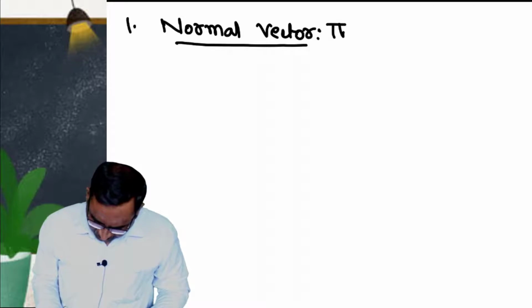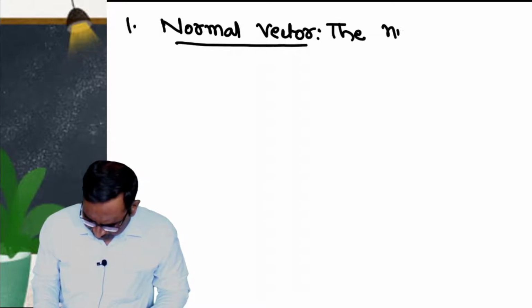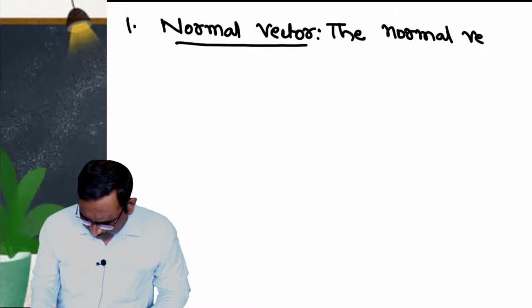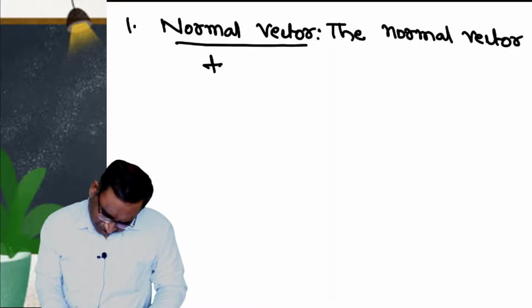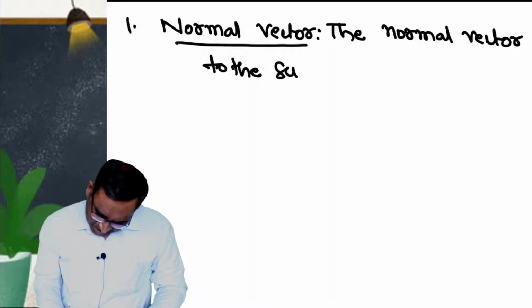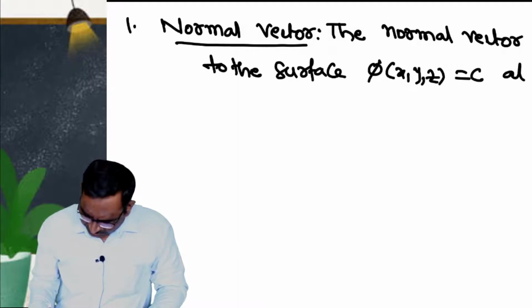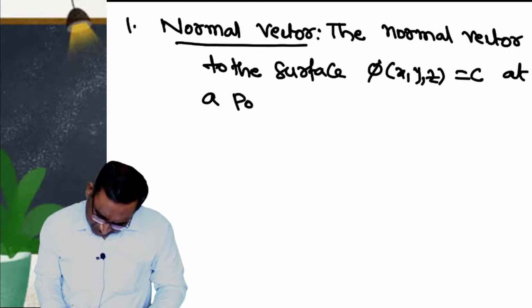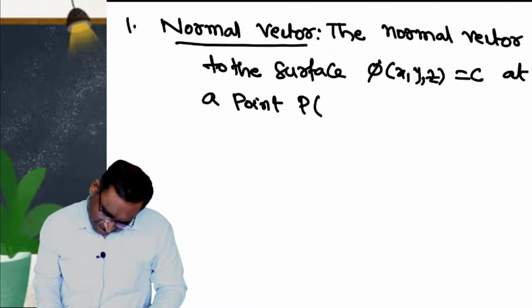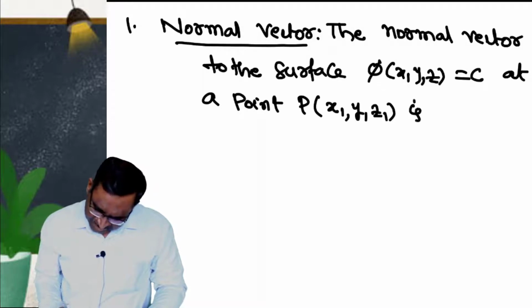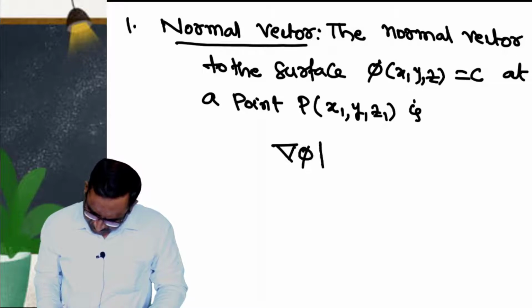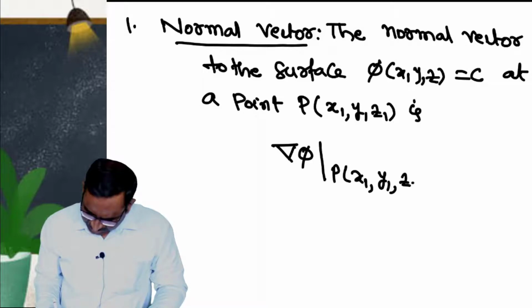The normal vector to the surface, that means the level surface phi of x, y, z is equal to c, at a point P(x1, y1, z1) is del phi at the point (x1, y1, z1).